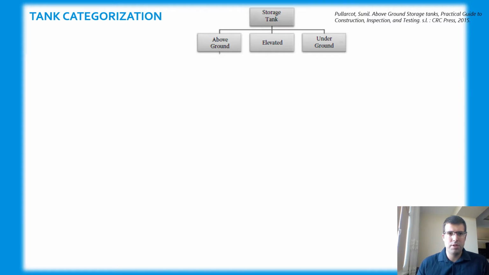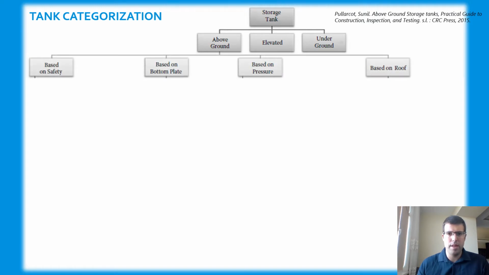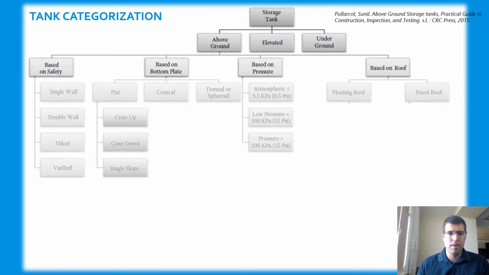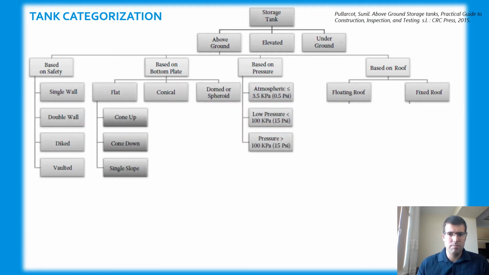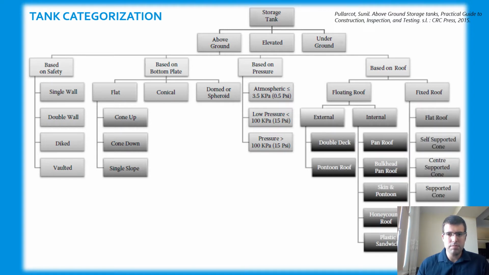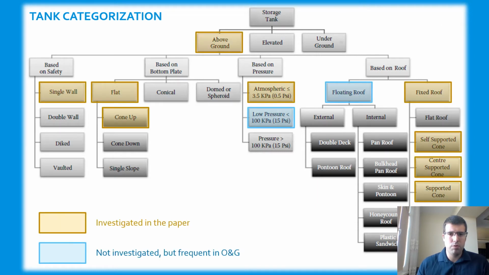In literature, there are many ways to categorize different tank structures, and there are multiple ways to divide them. Here we see what I consider a quite comprehensive categorization of tanks, and what I wanted to outline here is what we're dealing with.